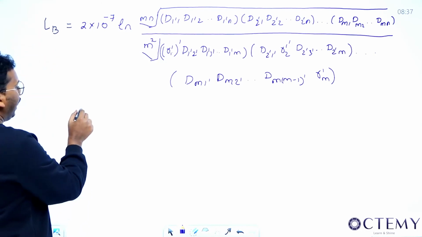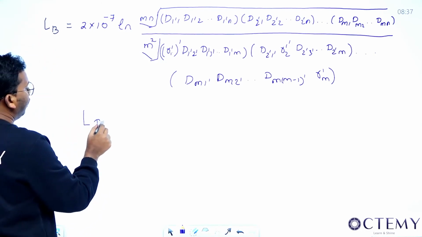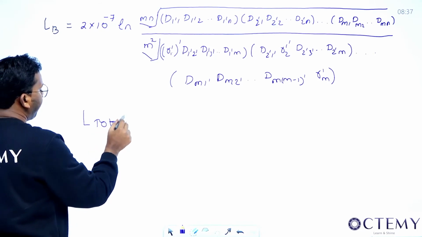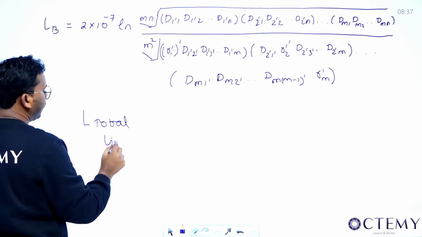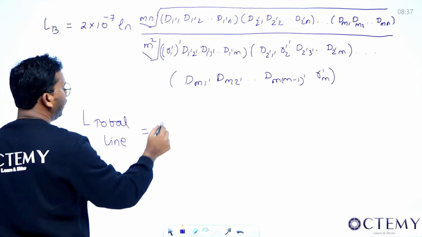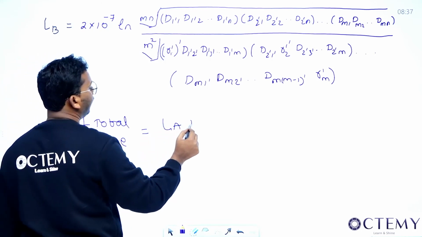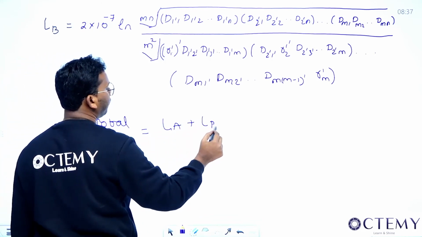Now if you want L total, that is single phase inductance line, L you want to find, that will be equal to LA plus LB, right?